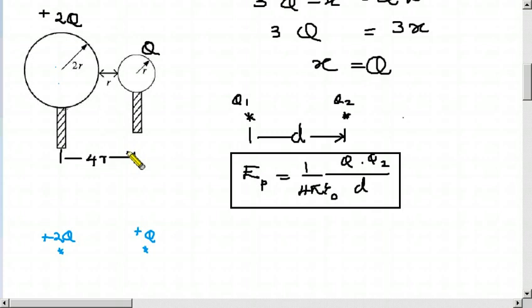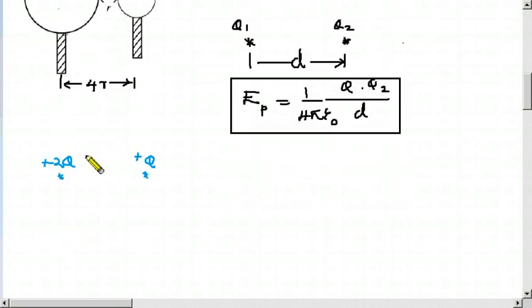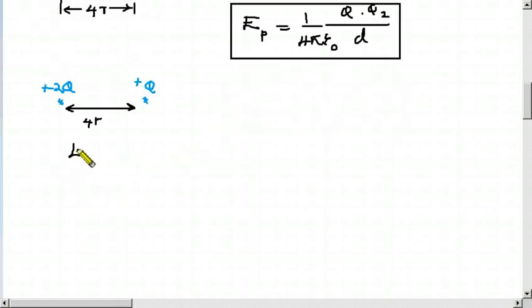So therefore we can now substitute that. The distance is 4r. We are taking these spheres as point charges. So let us write the equation now. Potential energy equals 1 over 4 pi epsilon naught, then 2q times q, q1 q2, divided by the distance, which means 4r.